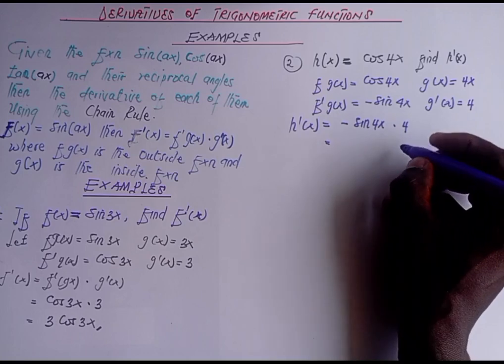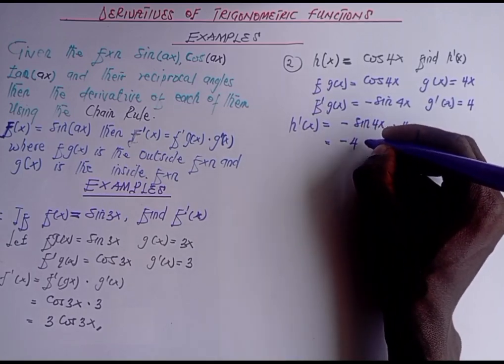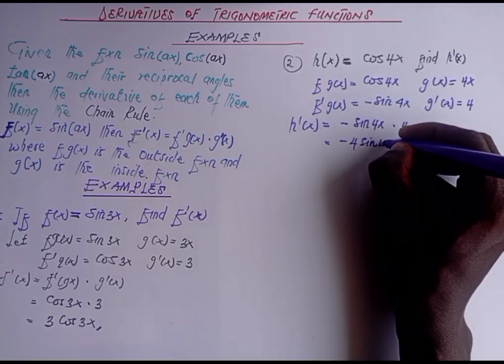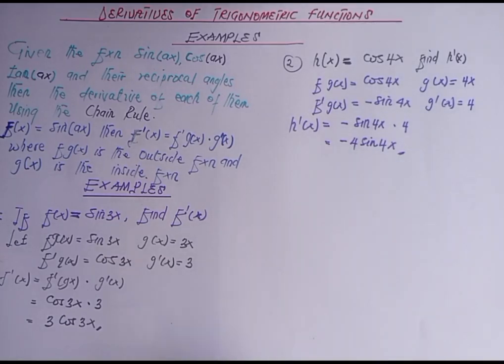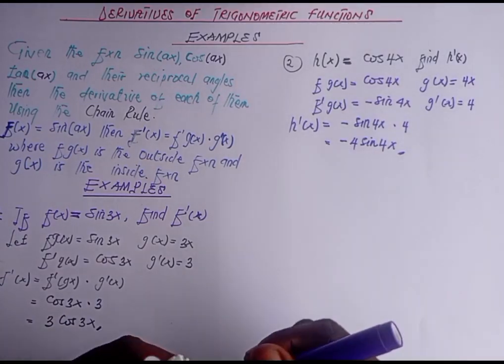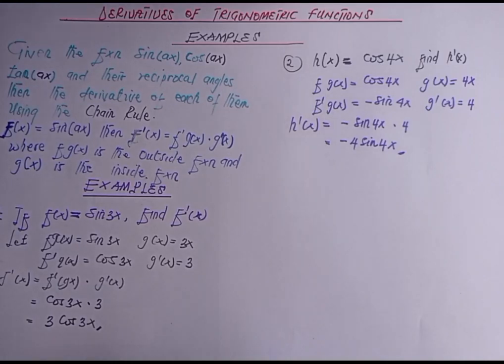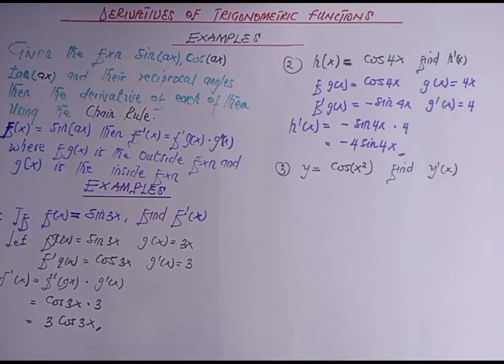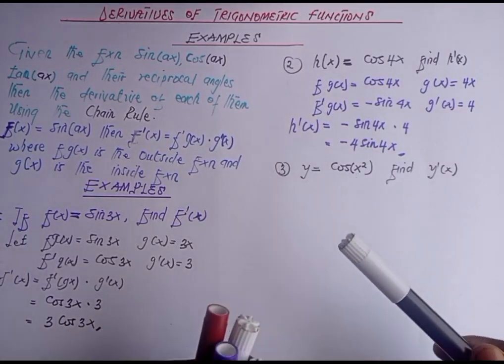So at the end, we get negative 4 sine of 4x, and this becomes the derivative of this very function. Very simple. So how would you find the derivative of this very function?